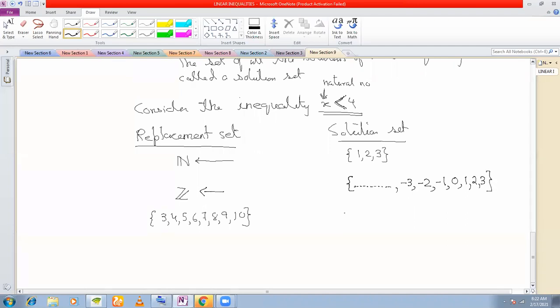This is the solution set. So all the negative integers will satisfy. These dotted lines indicate all the negative integers, and then minus 3, minus 2, minus 1, 0, 1, 2, 3. Next, what if the replacement set is given as this set? Then what should be the solution set? The only solution will be 3, because among all these numbers that you see in this set, x can take only these values.